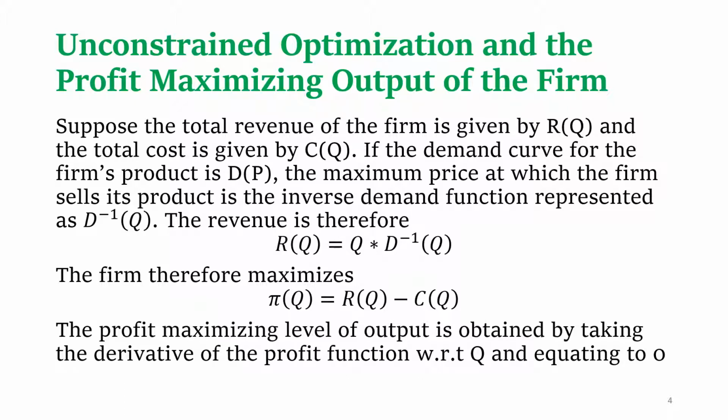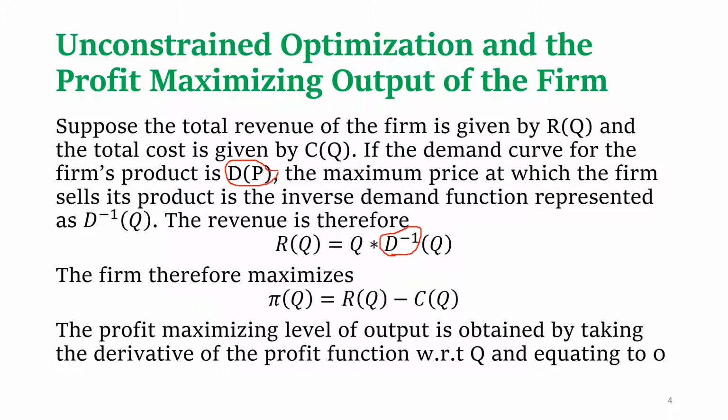As you can see in this case, we have an inverse demand function here, which is D to the minus 1. So we have our direct demand function, which expresses the quantity as a function of the price, which is D(P). But when we are trying to obtain the profit maximizing level of output, what we need to do is to first of all derive the inverse demand function.